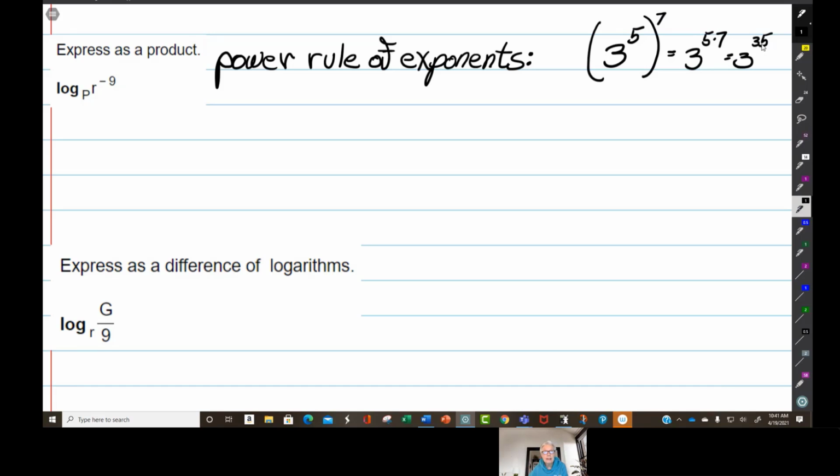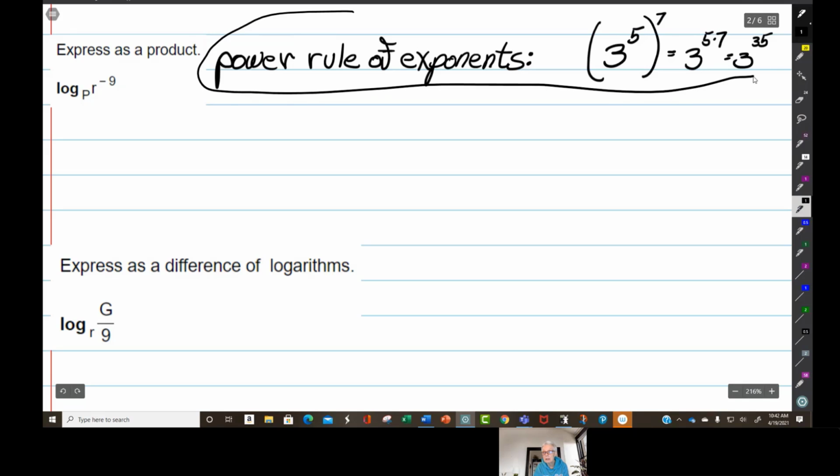I'm not even going to see what that is. Okay, that's the power rule of exponents. When you have a base raised to a power and raised to a power again, you multiply the powers.